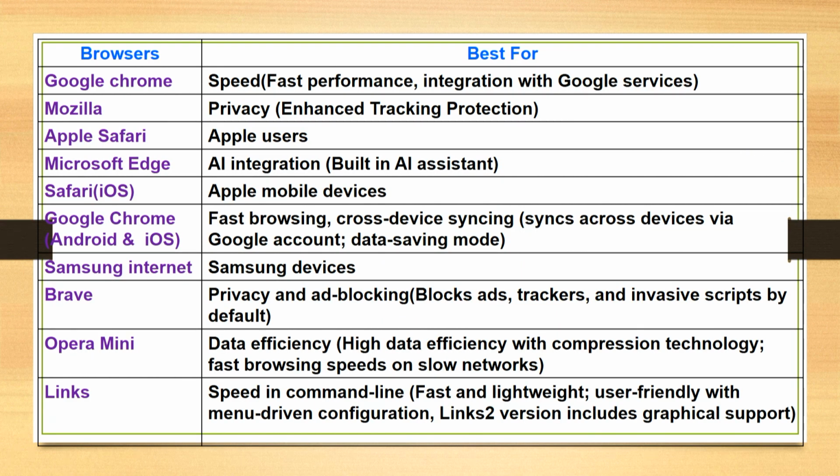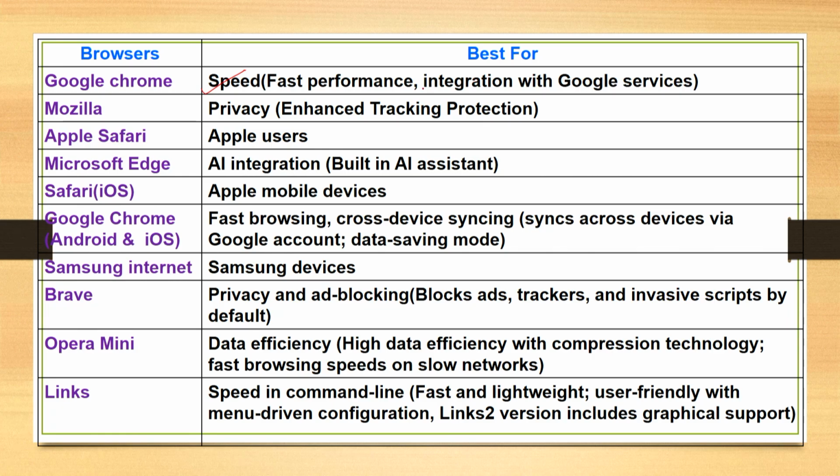I have taken only a few web browsers which are most commonly used, that is Google Chrome, Mozilla, Apple Safari, Microsoft Edge, Safari iOS, Google Chrome for Android and iOS, Samsung Internet, Brave, Opera Mini and Lynx. Google Chrome is best for speed, means if you want fast performance, if you want to quickly access the website, then Google Chrome is preferred.